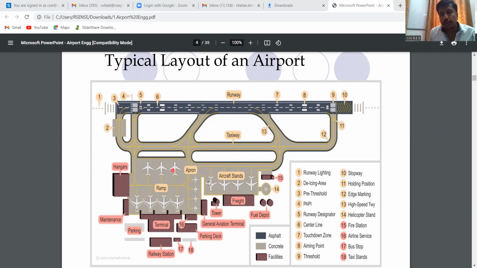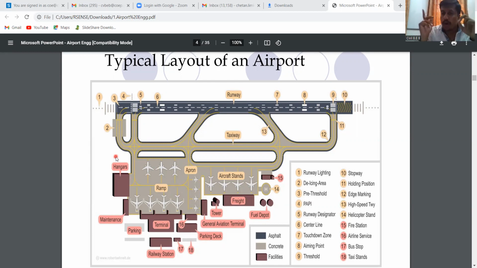Okay, where we are going to park our aircraft, and where repair and maintenance work is going on. Suppose the aircraft has something to be repaired, the air needs to be checked, the wheel configuration needs to be looked at, or there is some other maintenance work related to that aircraft. So that is to be done in the area we call the hangars.